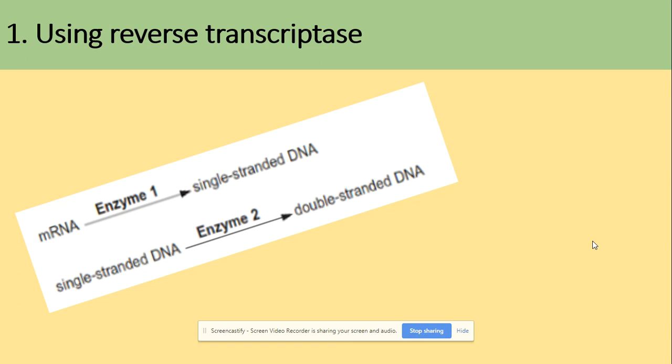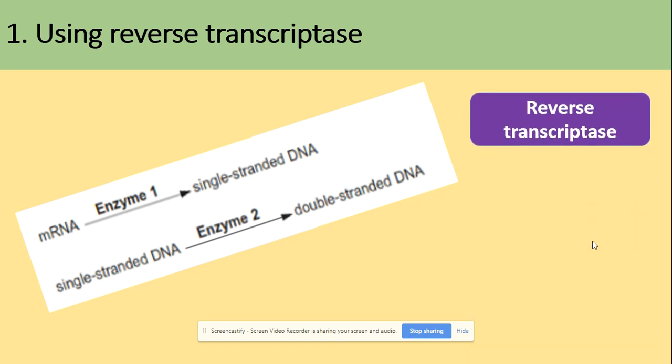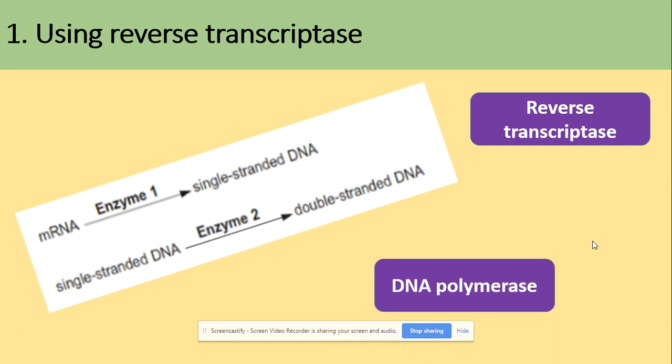So we are going to be looking at 2 different enzymes involved in this process. So first enzyme, reverse transcriptase, that will produce single-stranded DNA, cDNA, from mRNA, and the second enzyme, DNA polymerase, which will then produce double-stranded DNA from cDNA.